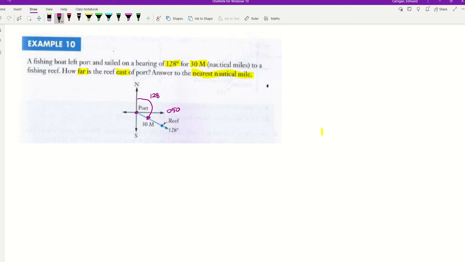Again, we have 90 degrees to there. So we have got our theta in here, theta equals 128 minus 90 equals 38 degrees. With its axis, for how far is the reef east, what we're looking for is this distance in here, X. We're looking for how far it is east.